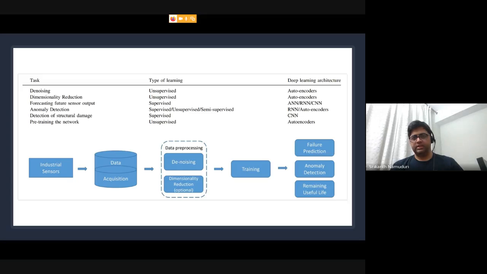In the following slides, we will see what that means, but for now, it's enough to remember it stands for an artificial neural network. A task like anomaly detection could be supervised, unsupervised, or semi-supervised, and we typically use RNNs or autoencoders for such tasks.